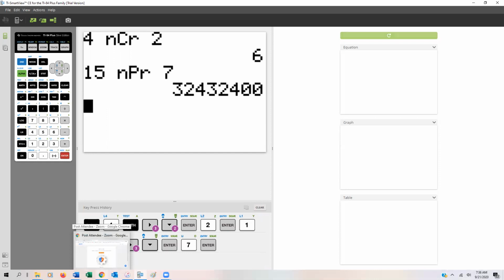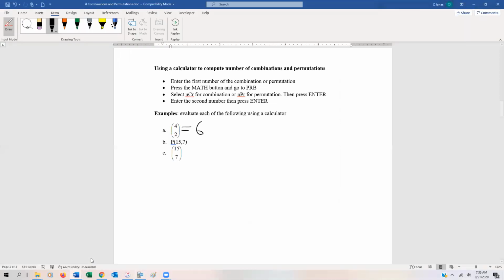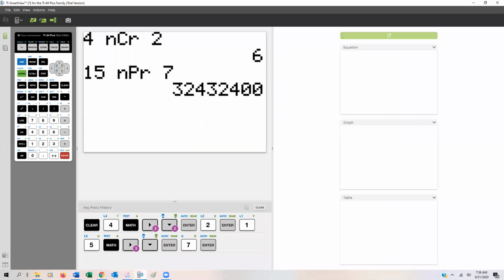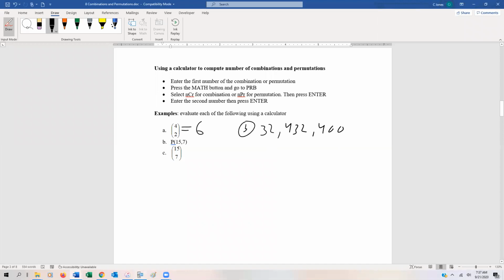Regardless, we're going to go back, and now we know the answer for part B is 32,432,400. You go back just to verify. Yep.